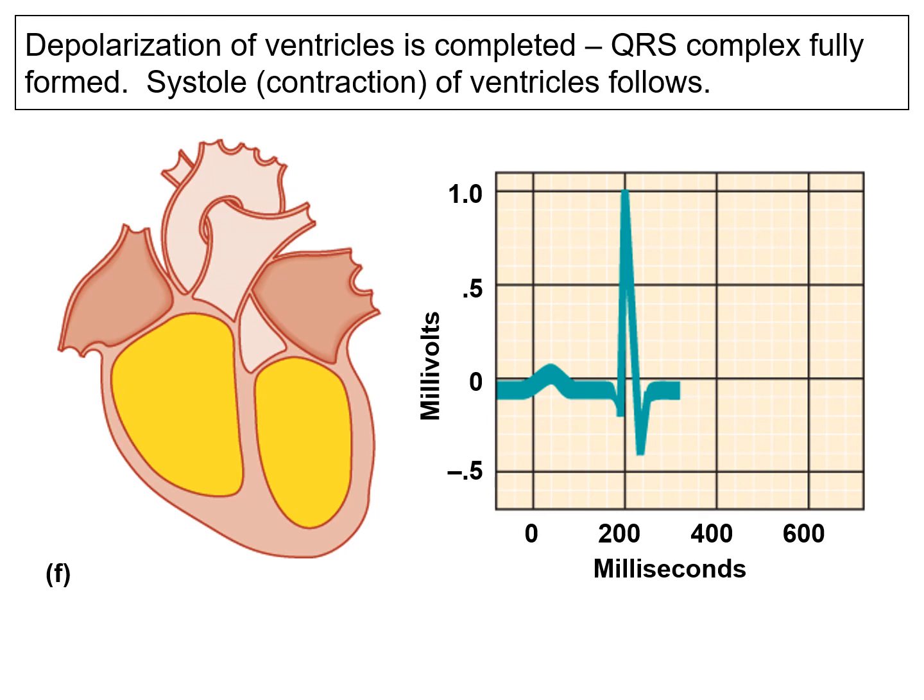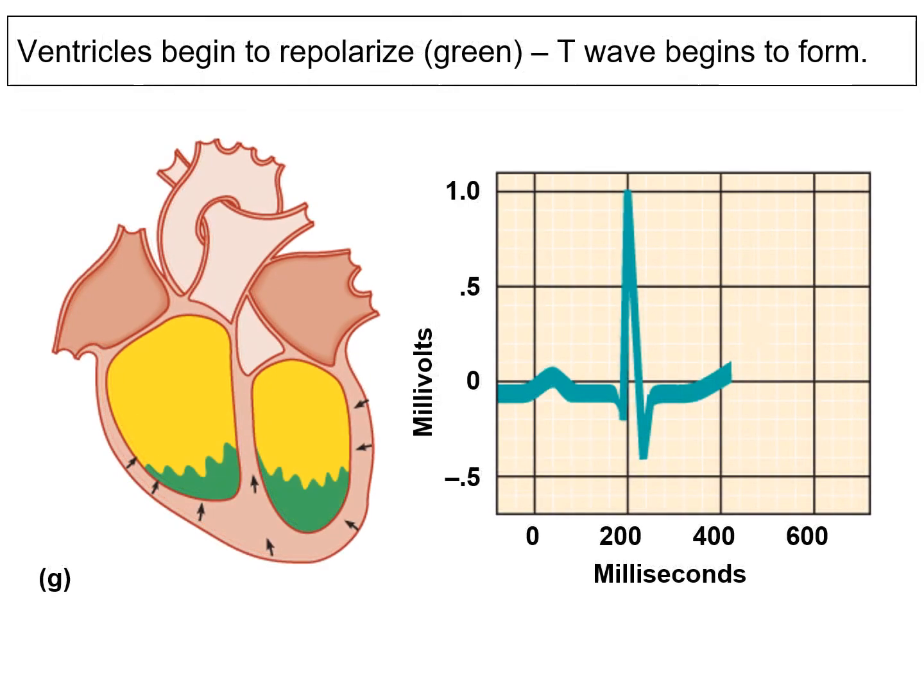Now, what have we yet to do? We've already depolarized the atria and repolarized them. We're done depolarizing the ventricles. There's one last thing we have to do in our cardiac conduction system: repolarize the ventricles. And now we're doing that. You can see the green beginning here toward the apex region, going to flow upward.